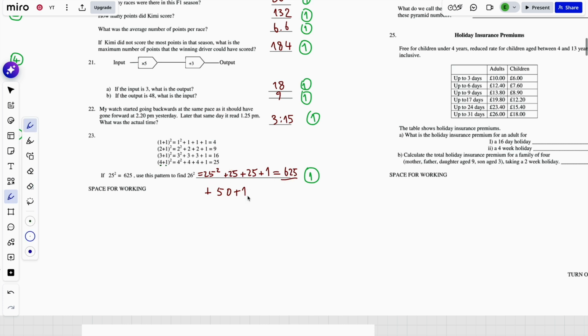I just put it there to simplify the working. Frankly, you could skip this middle step altogether and simply have the answer, which is 676. So you need to have this first step because that shows that you have used this method and this pattern, and they did say to use this pattern, so you have to do that. And then you need to have the answer, of course, to show that you've actually worked it out. But it's only 1 mark for this entire thing. So if you only have part of it, you don't get the mark.